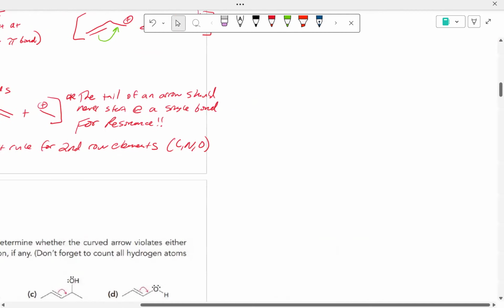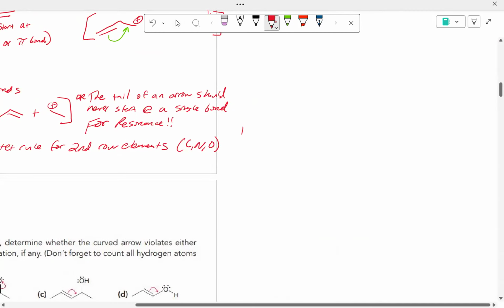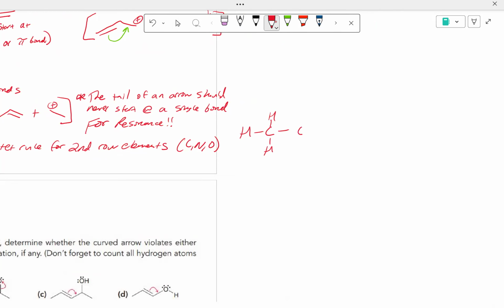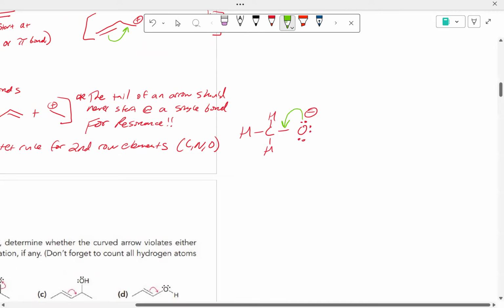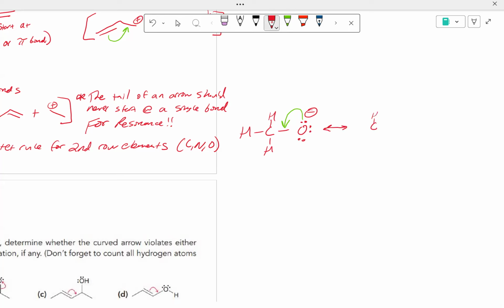I'm going to go off to this side here for a few examples. So you would never do this. I'm never going to take this lone pair and move it there. Because the result of that puts 10 electrons around carbon.